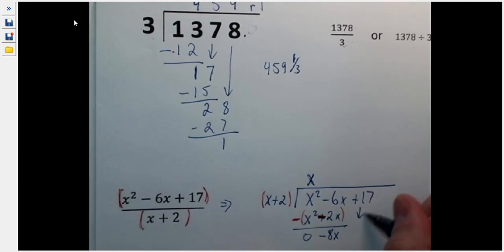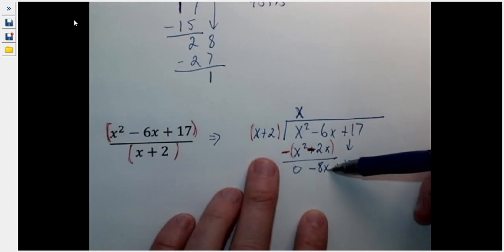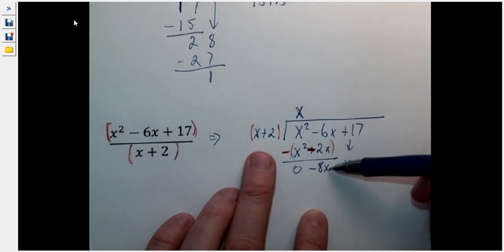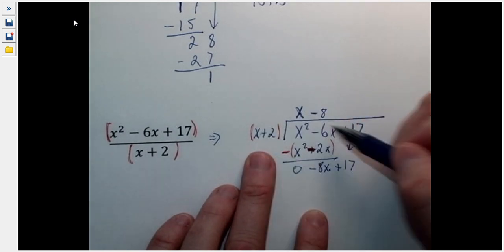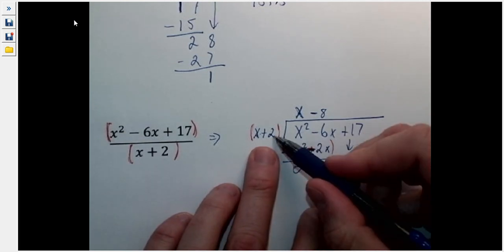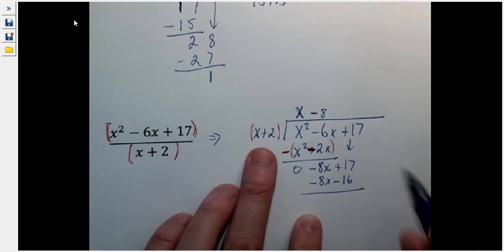Now just like over there, I'm going to bring down my next term, 17. And now we're going to do the same thing we did here. So what am I going to multiply x by to get negative 8x? Well, that's easy. Negative 8. Negative 8 times x is negative 8x. So we get negative 8x, but we have to also multiply it by the 2, so we get negative 16.